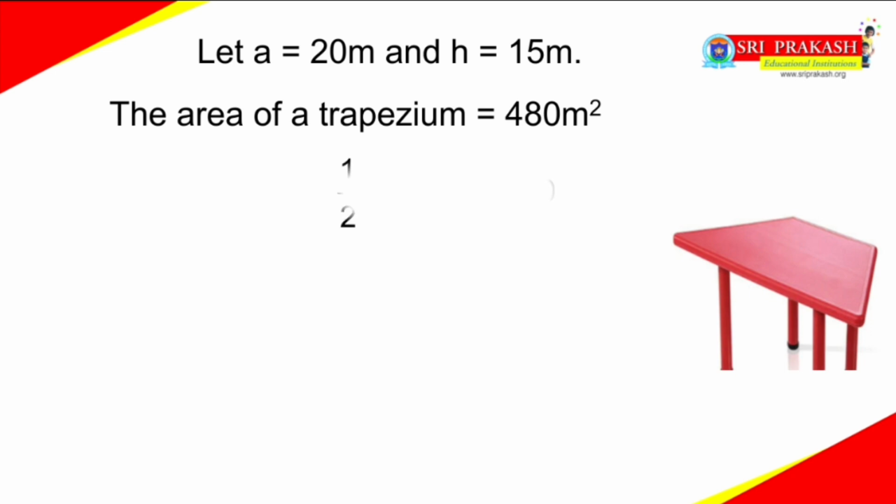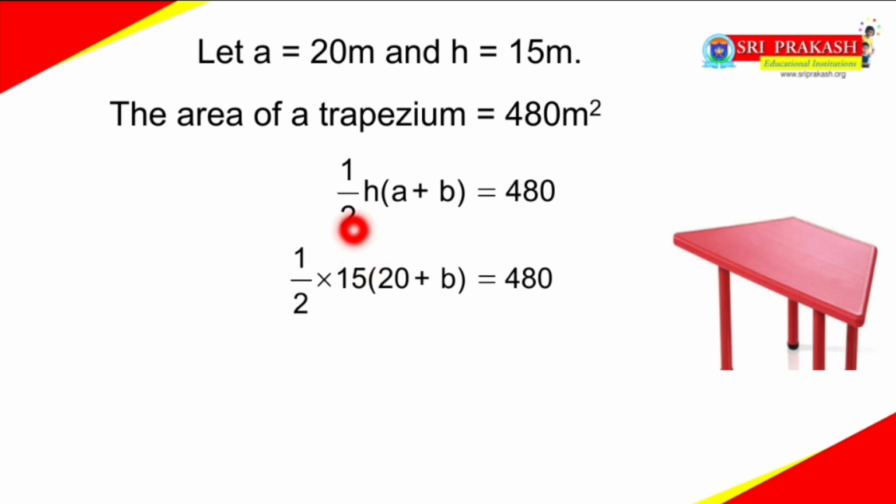Yes, it is half into h into a plus b is equal to 480. Now, let us substitute the values of a and h in this formula. Then we get half into 15 into 20 plus b is equal to 480.